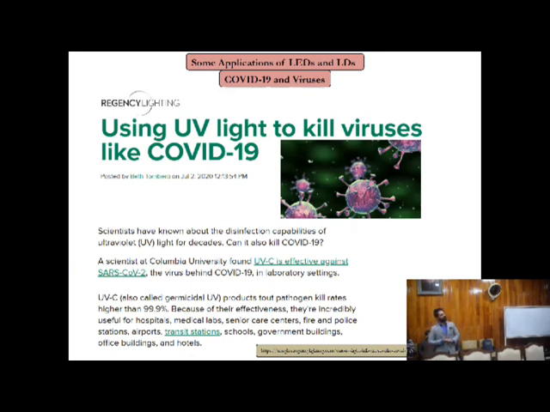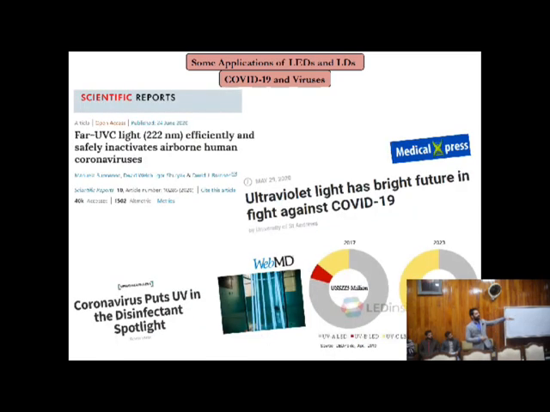We have been working on the visible part, essentially green. So this triggered us to start exploring the UV side of the spectrum. Despite some uses and market value of these light emitting diodes and laser diodes in various ultraviolet regions, I would like to show you next.